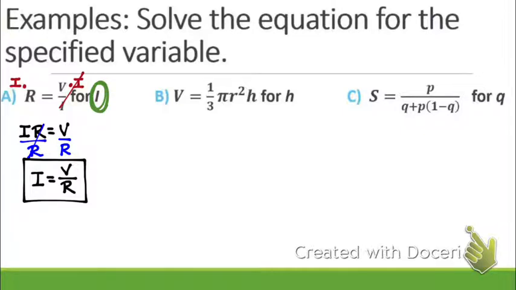Where's that 1/3 coming from? Because the pi r squared, that's a circle, right? That's like the base of our shape. H is the height of our shape, so if it didn't have that 1/3, then it's a cylinder. It's a cone. This is a cone. It is a cylinder that only has 1/3 of itself left.